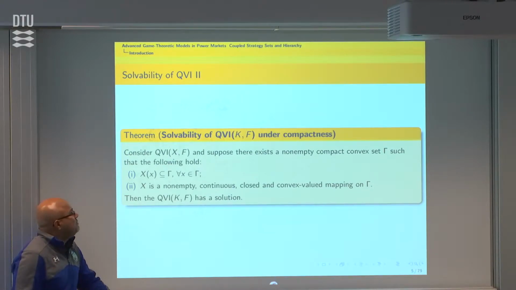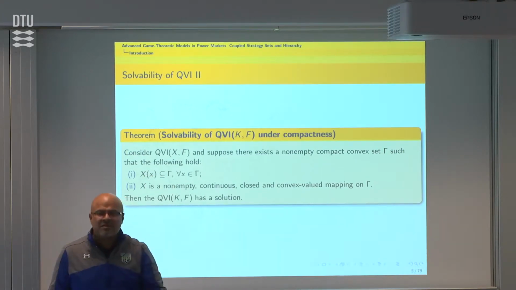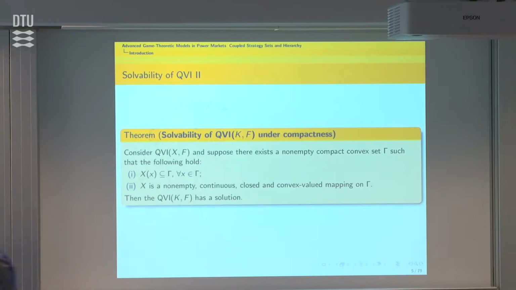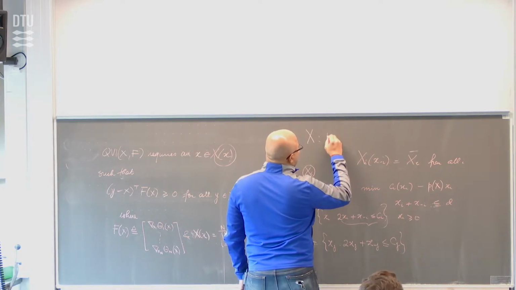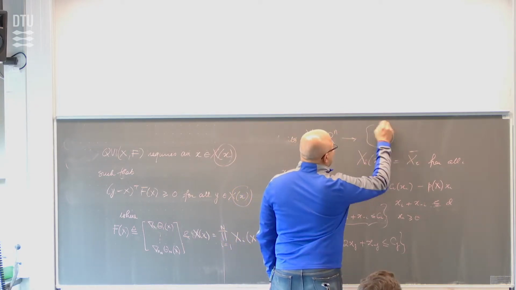Now, if you have a QVI, what you need is that the images of X, capital X, lie in a compact set. So remember what the image is. For every x, X(x) provides, just to give you a pictorial representation, X maps onto little x, where little x is maybe R^n, and gives you another set.